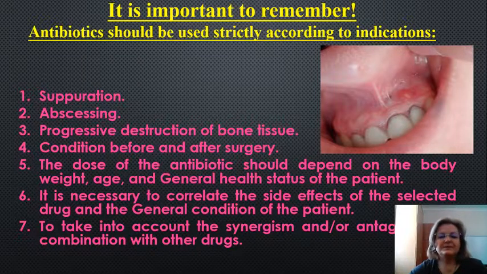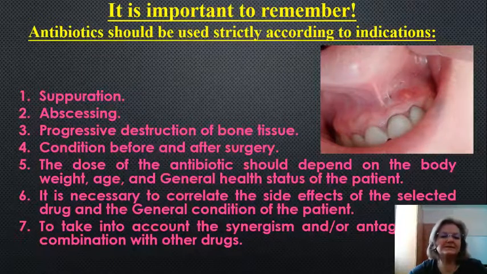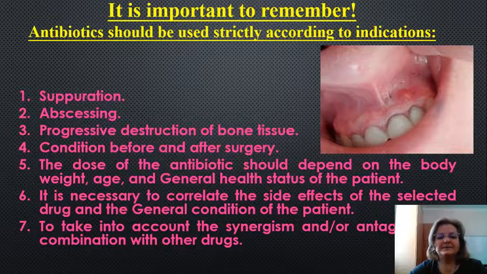The dose of antibiotics shall depend on the body weight, age, and general health status of the patient. Sixth rule: it is necessary to correlate the side effects of the selected drugs and the general condition of the patient. Seventh rule: to take into account the synergism and or antagonism in combinations with other drugs.